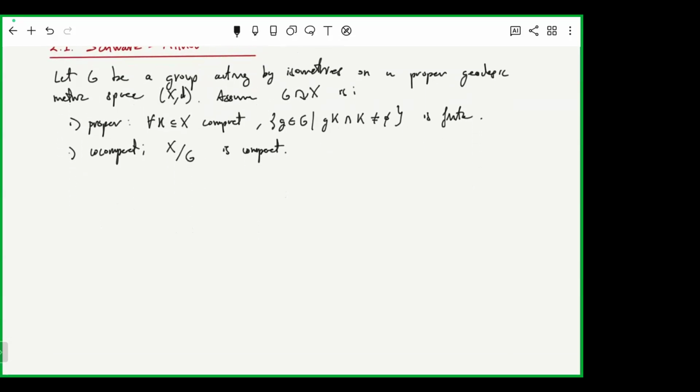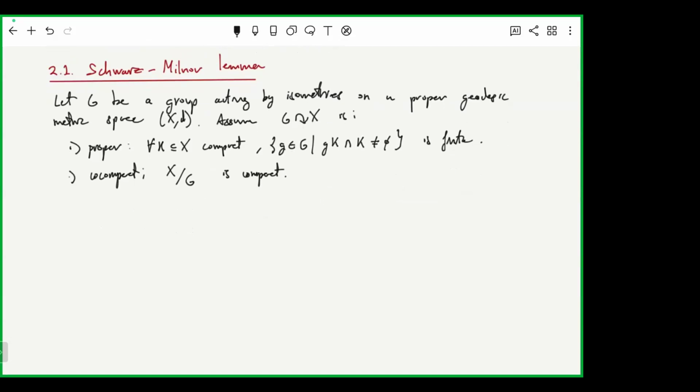This theorem, called the Schwarz-Milnor lemma, says that then G is quasi-isometric to X. And it says more. First of all, G is finitely generated. Let's make sense of this.